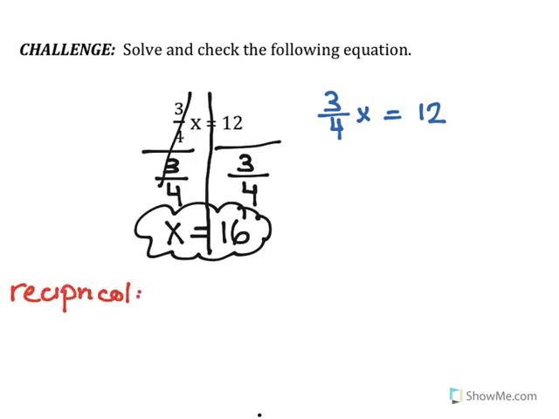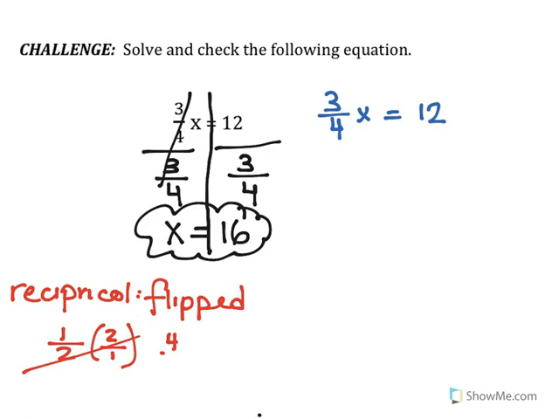The reciprocal is just the fraction flipped. So if I had 1/2 times 2/1, those would actually cancel each other out. Same thing with 4/5 and 5/4. They would cancel each other out.